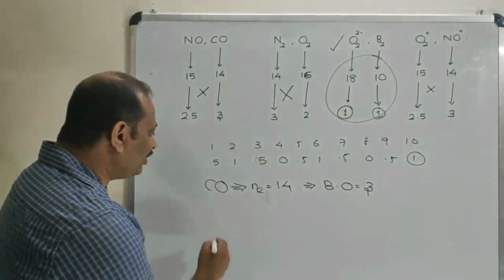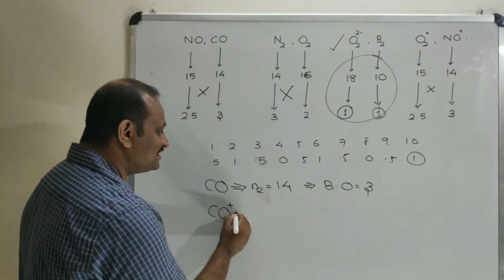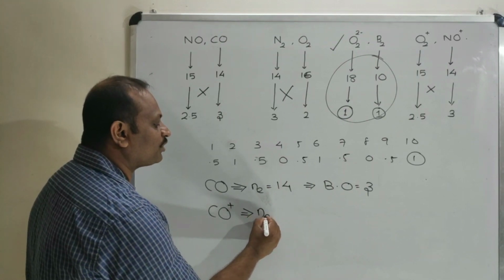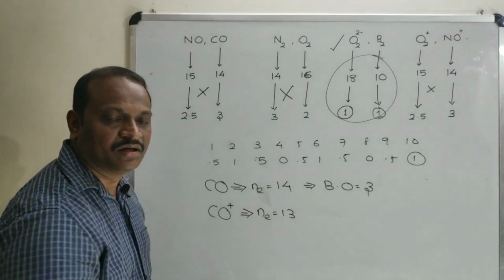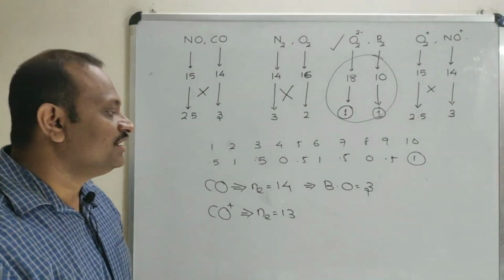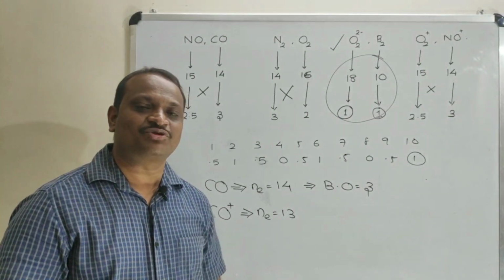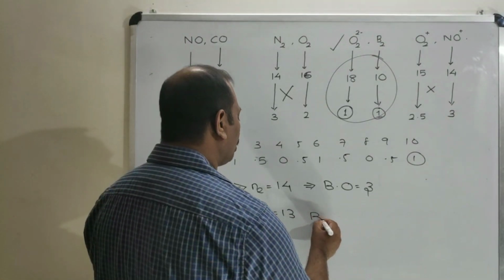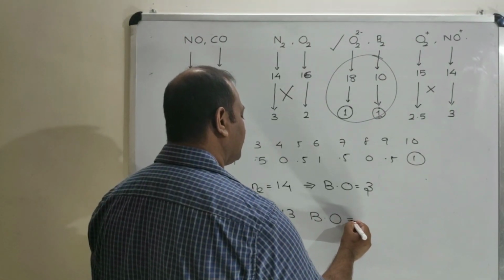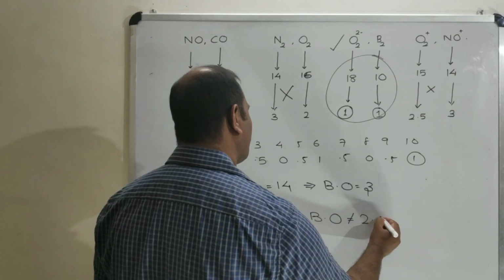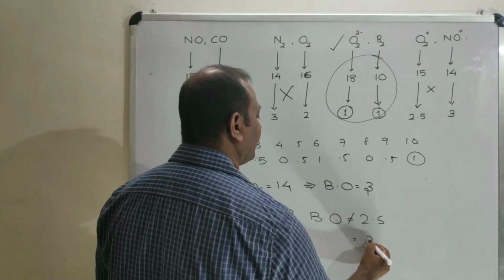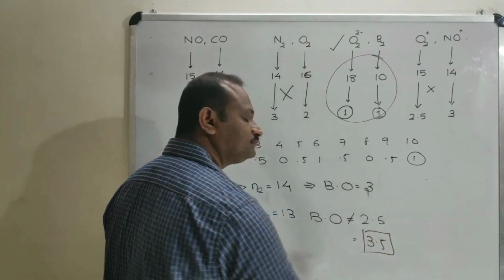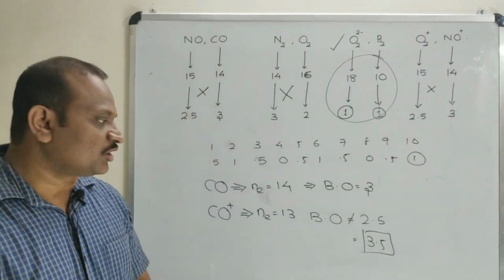Whereas, when you think about CO plus, right now the number of electrons becomes 13. If the number of electrons is 13, we are expecting a bond order of 2.5. But in real practice, you can see that the bond order of carbon monoxide plus is not 2.5, but instead it equals 3.5.